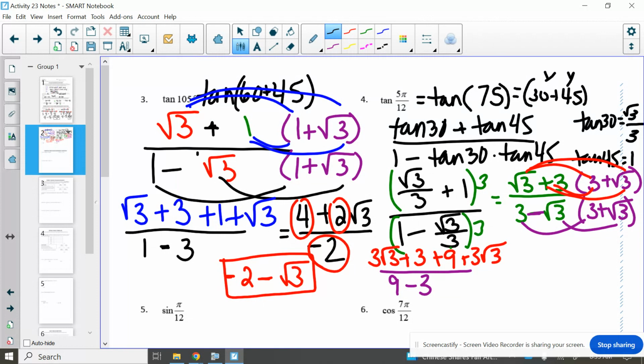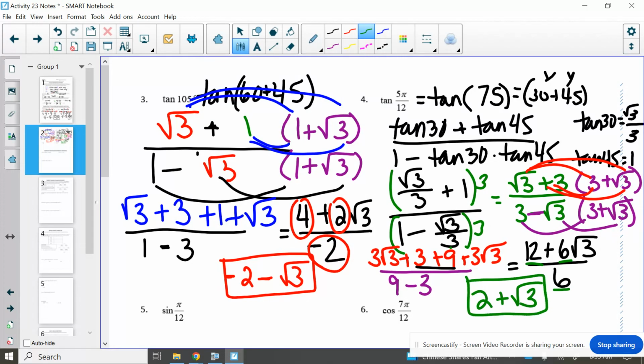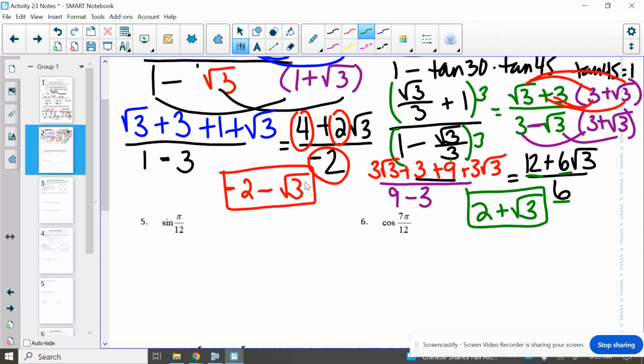Now again, what you're going to notice is that we can combine like terms. 3 plus 9 is 12. 3 square root 3 plus 3 square root 3, we have 6 square root 3's. 9 minus 3 is 6. And last but not least, everything is going to simplify here. 12 divided by 6 is 2. 6 divided by 6 is 1, square root 3. So you're going to notice a pattern here that these often simplify to be very similar, just depending on if it's a positive or a negative.